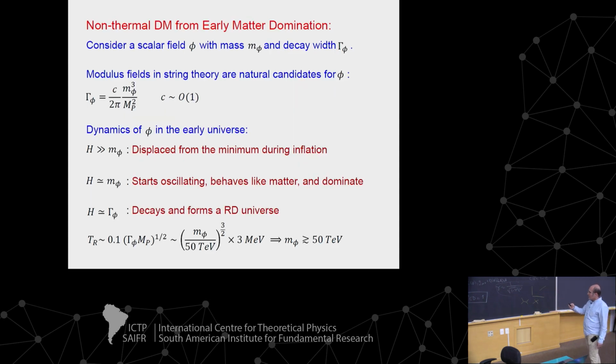So now let me specifically focus on non-thermal dark matter from early matter domination. And for simplicity, let's consider a scenario that happens, for example, in some explicit string constructions. Moduli fields, scalar fields phi, have a mass m_phi, and they have M_Planck, or in any case, very suppressed couplings to matter fields.